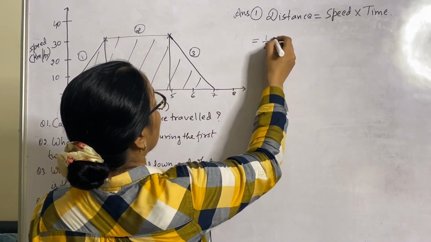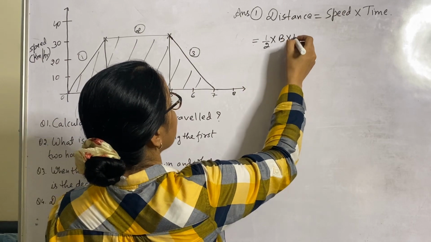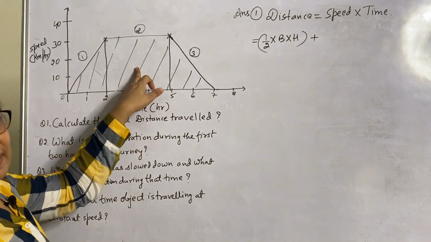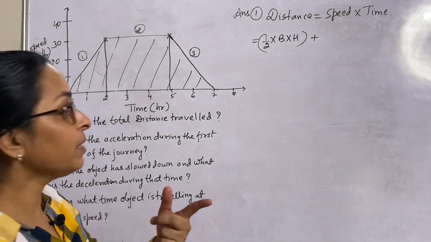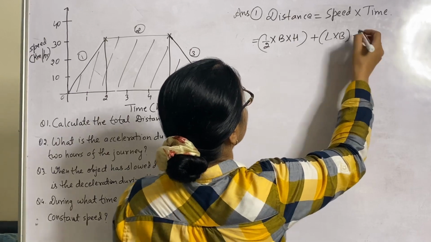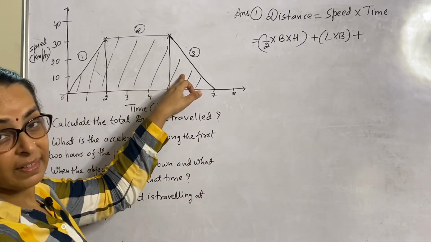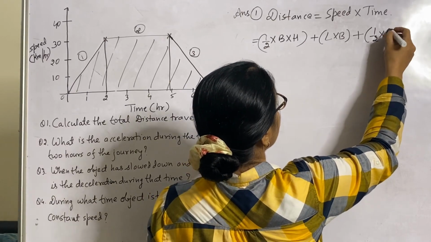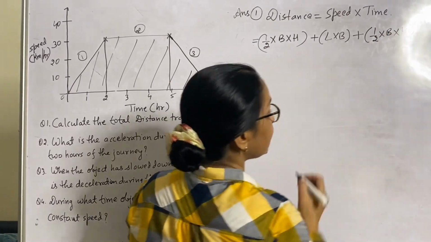The second is a rectangle, that is length multiplied by breadth. Then the third is again a triangle, so that is again half multiplied by base times height.